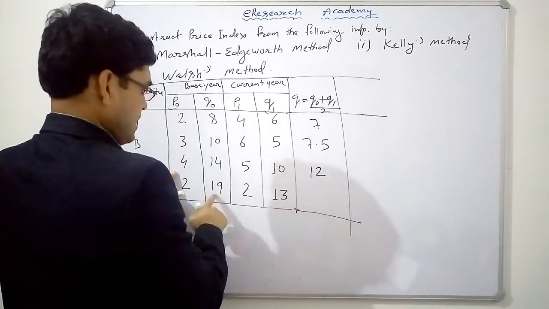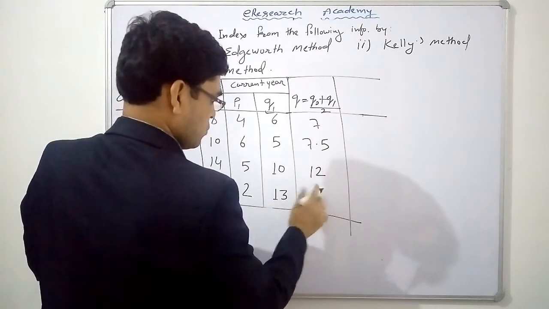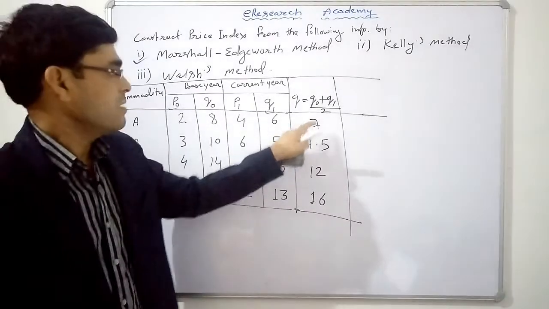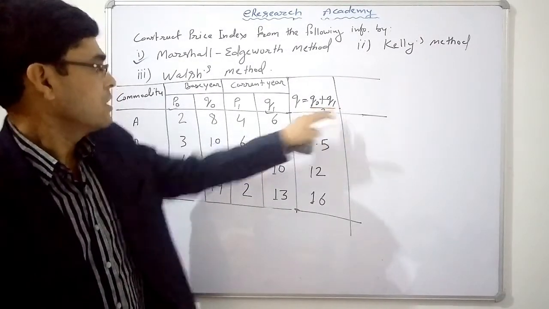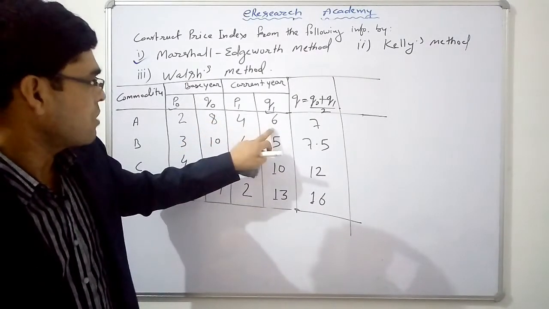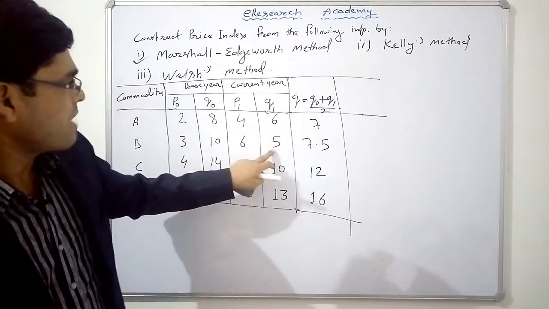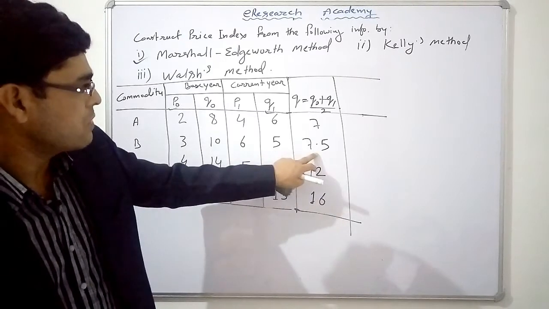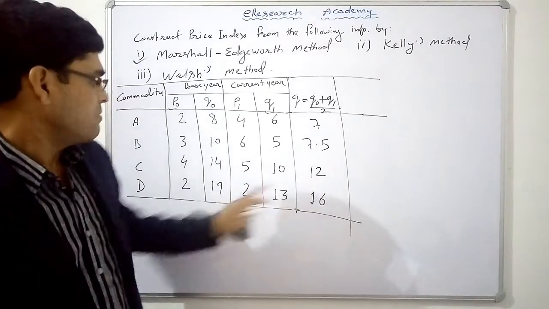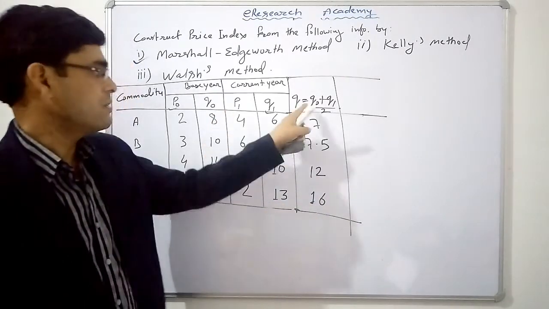And 19 plus 13 is 32, by 2 it is 16. So this is our Q.